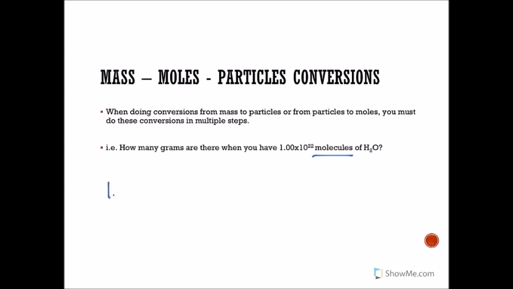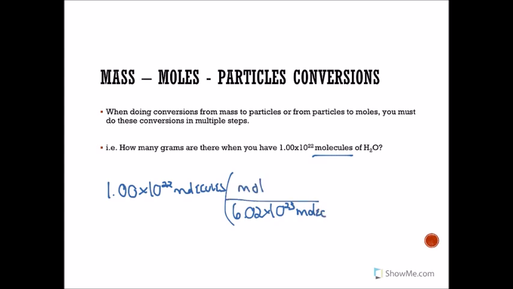So we start with our number of the question, molecules, and we have to use 6.02 times 10 to the 23 molecules. That goes on the bottom because we had molecules on top, per mole.